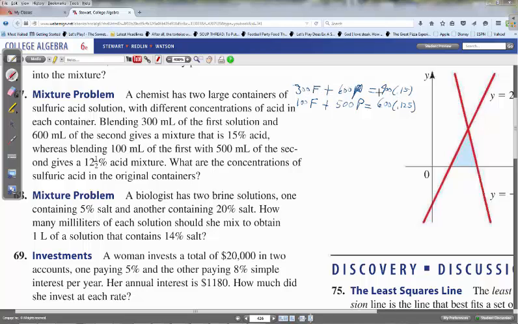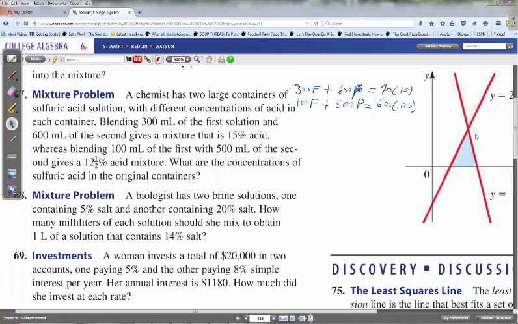I would probably divide out 100 from everything, so you'd have 3F plus 6P equal 9 times 0.15, and you'd have 1F plus 5P equals 6 times 0.125. But that's up to you.